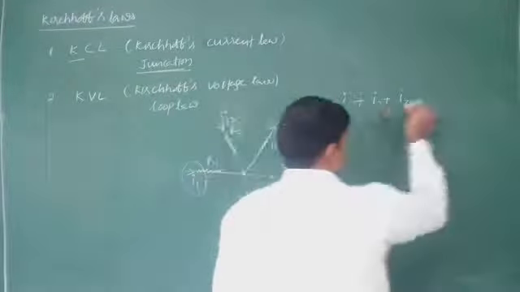Here also, B is at a higher potential compared to D, so current is moving in this direction and the potential drops.